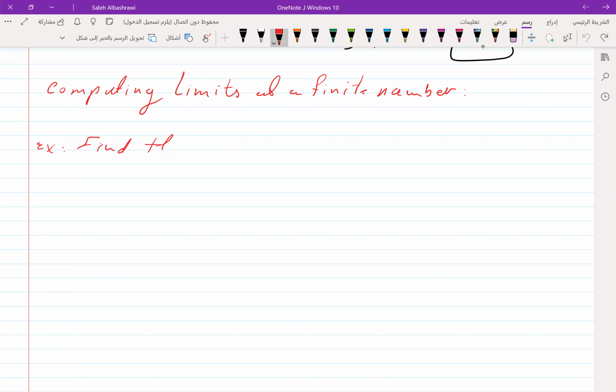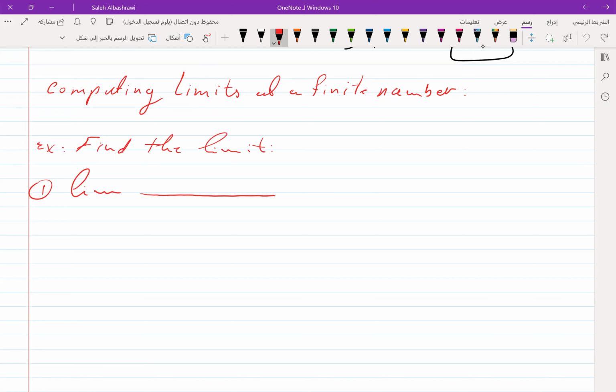Find the limit. Example number 1. Find the limit of a rational function. For the rational function, we said before that we have 4 cases for the limit.